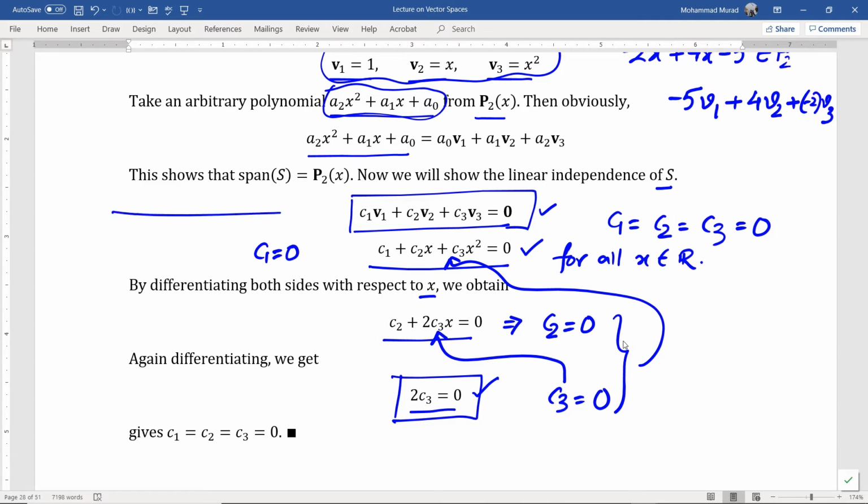Hence, this equation has only the trivial solution: C sub 1 equals C sub 2 equals C sub 3 equals 0. Thus, the set S of these three polynomials is linearly independent.